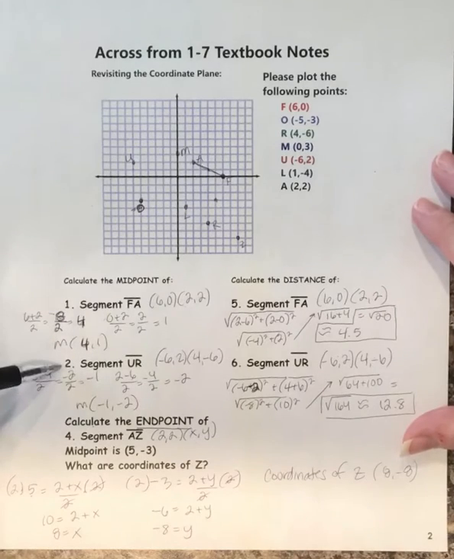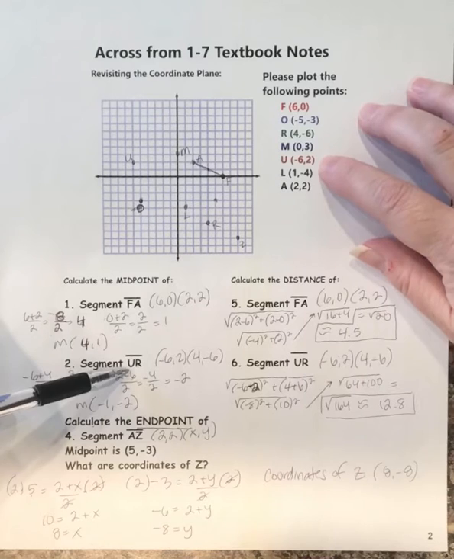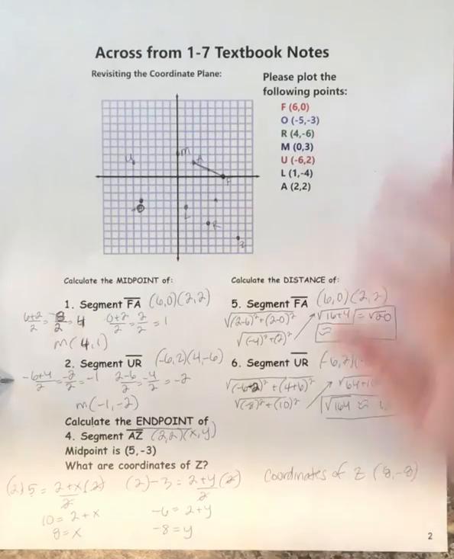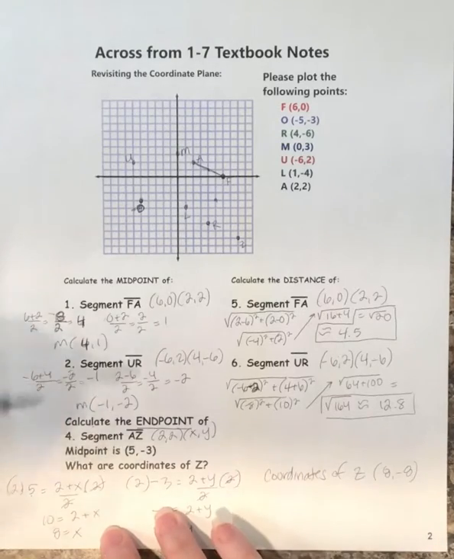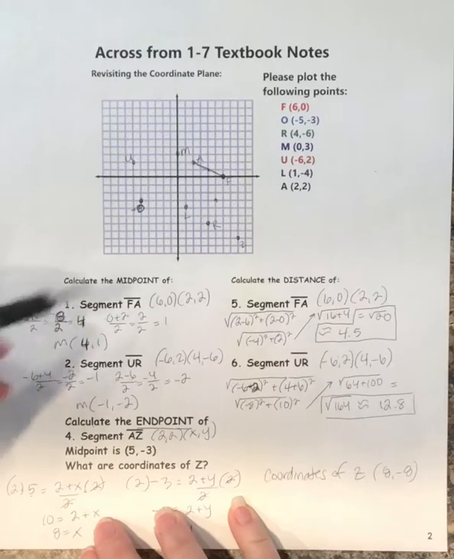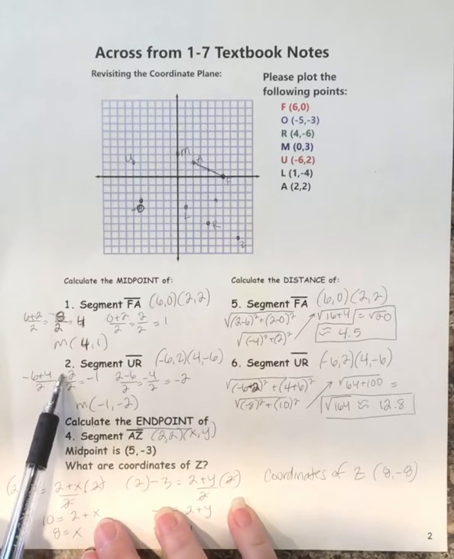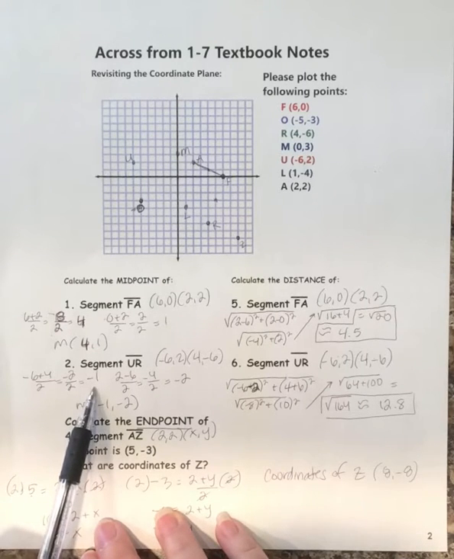If I'm finding the midpoint of segment UR, I'm just going to do the same thing. The coordinates for point U are -6 and 2. The coordinate points for R are 4 and -6. And then again, I just plug that in. But since this has some negatives, I just have to be extra careful on my calculations. So I'm adding these still together, -6 plus 4, which is -2, and -2 divided by 2 is -1.